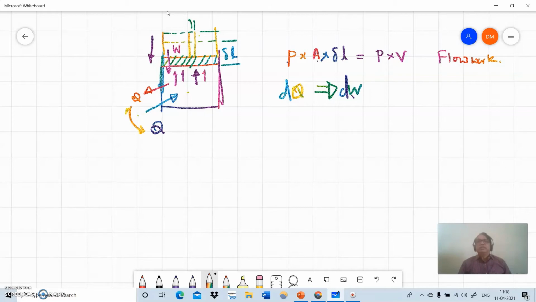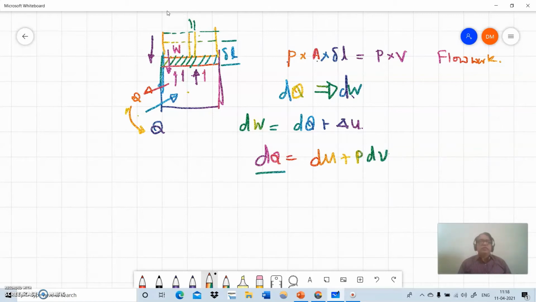So dQ is equal to dU plus dW, where U is the internal energy. Or it may be like this: dQ is equal to dU plus PdV. That means PdV is what?